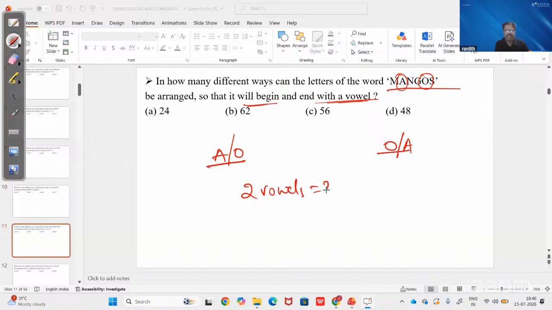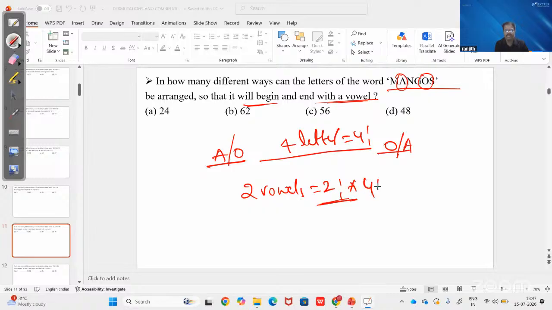are arranged in 2 factorial. How many letters are remaining? 4 letters. 4 letters are arranged in 4 factorial. 2 vowels are arranged in 2 factorial, and 4 letters in 4 factorial.